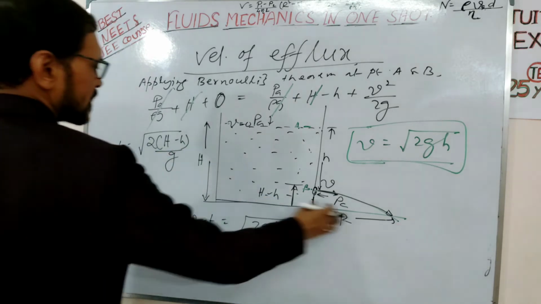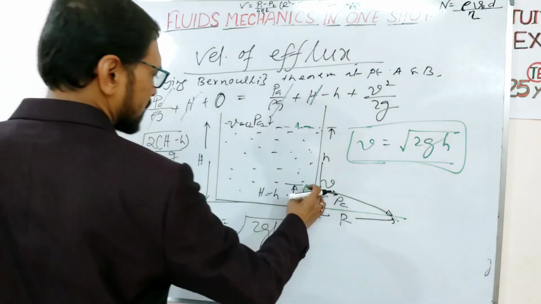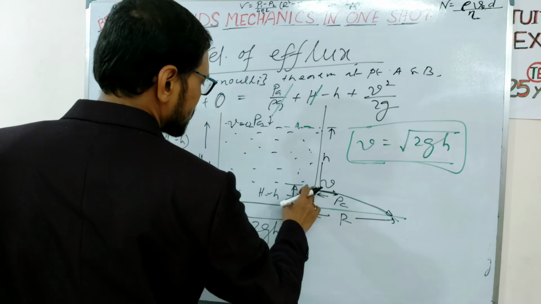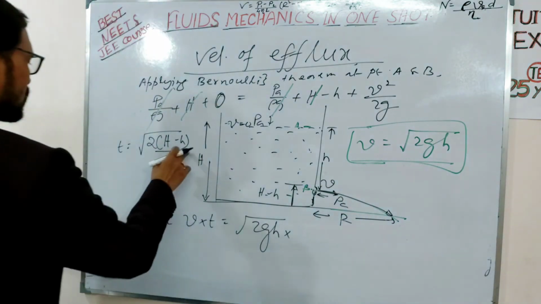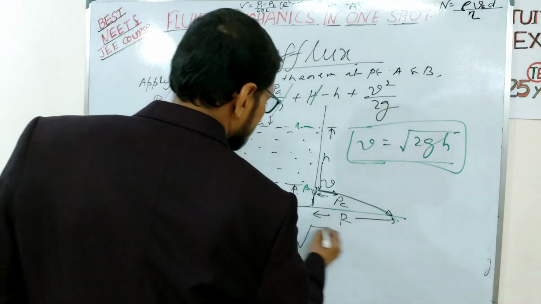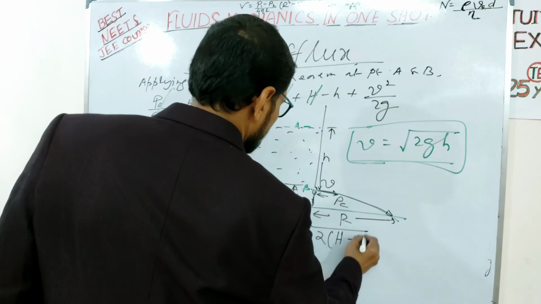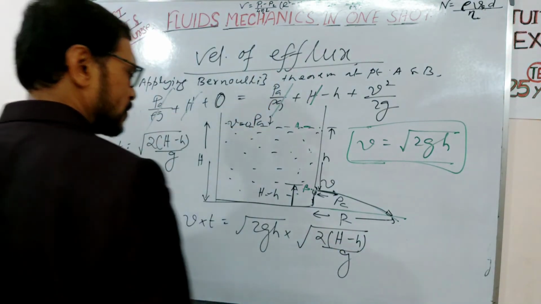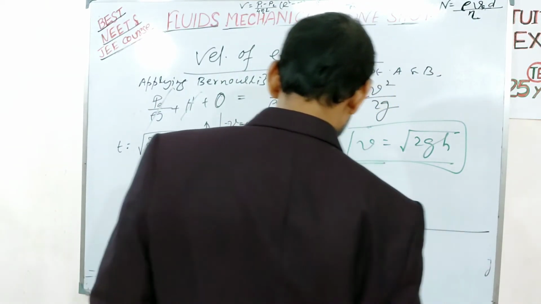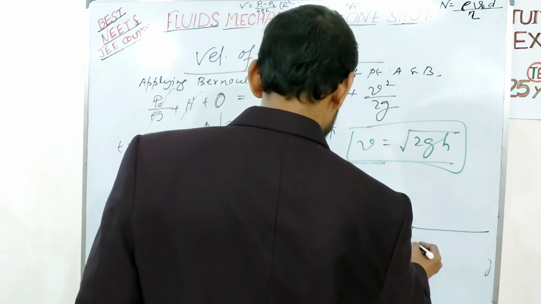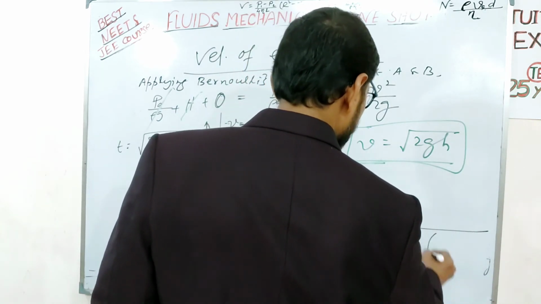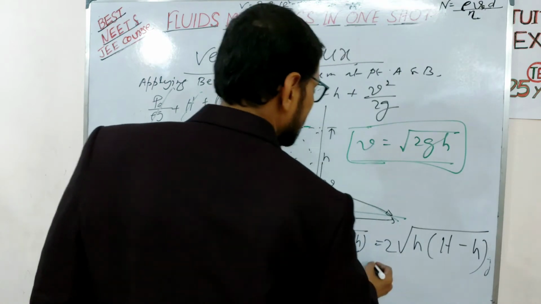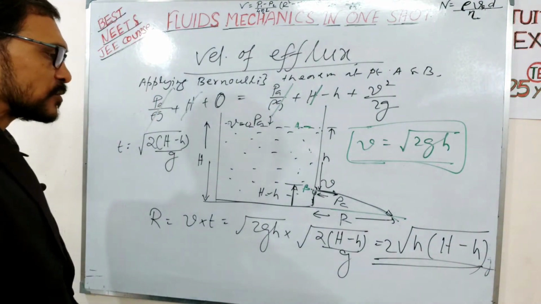This is projectile motion. So the time taken by the liquid to reach the ground from this height is this. Now the formula becomes root over 2 into g, g cancel. So this is the formula of range.